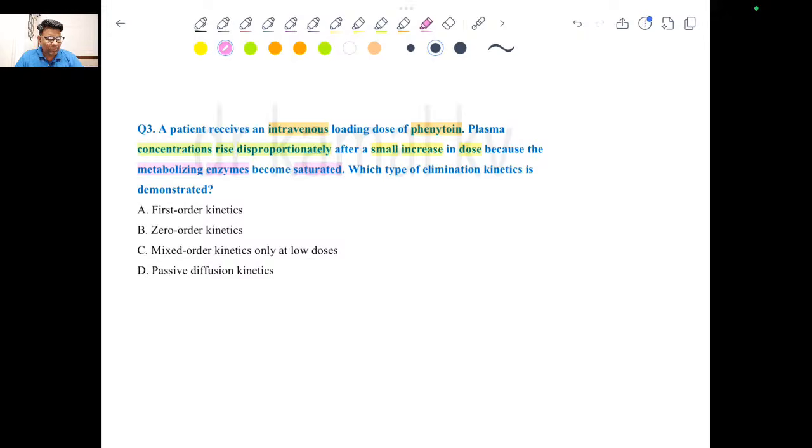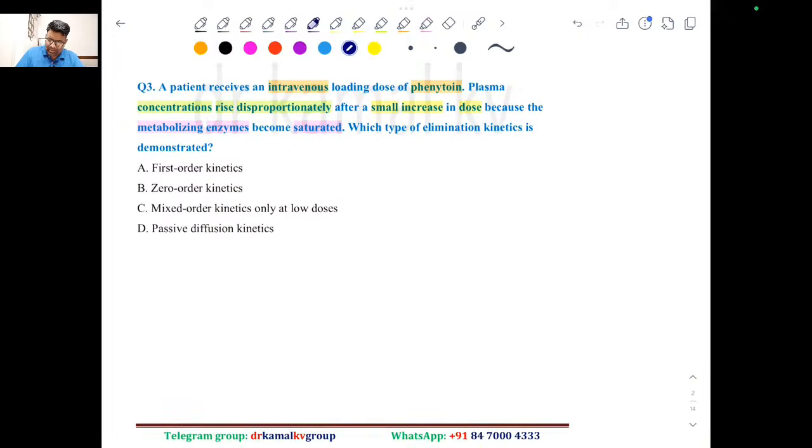Which type of elimination kinetics is demonstrated in this question statement? Here the drug in consideration is phenytoin.